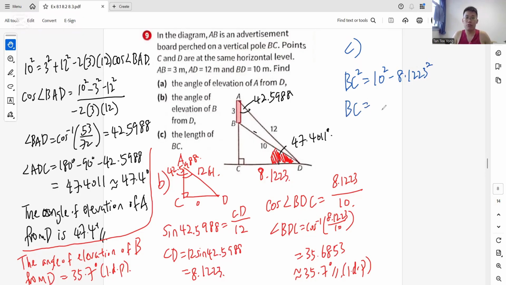So BC is the square root of this whole thing, and I will have 5.8333. Rounding off to 3 SF, BC is 5.83 meters. All right, so this is it for question 9.